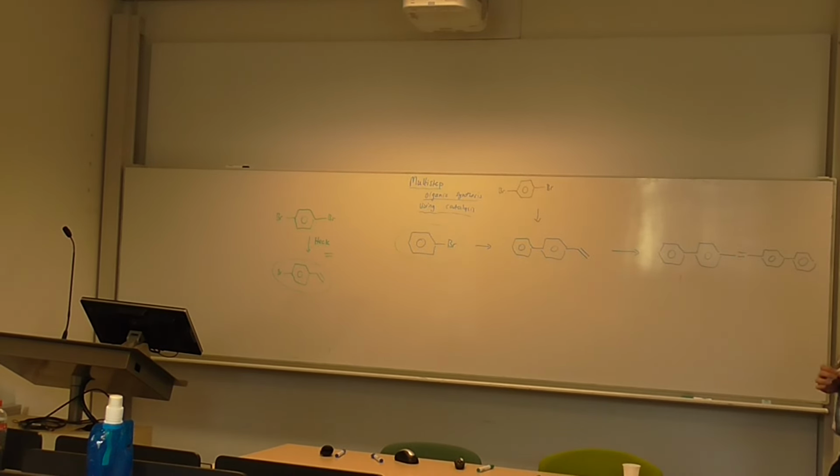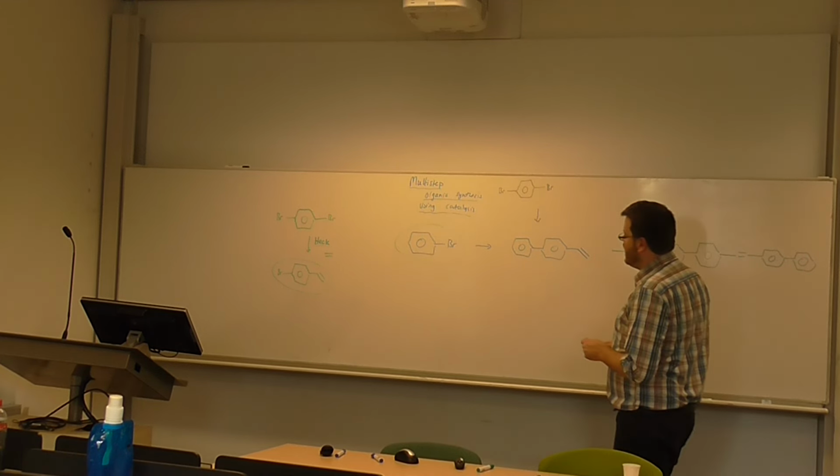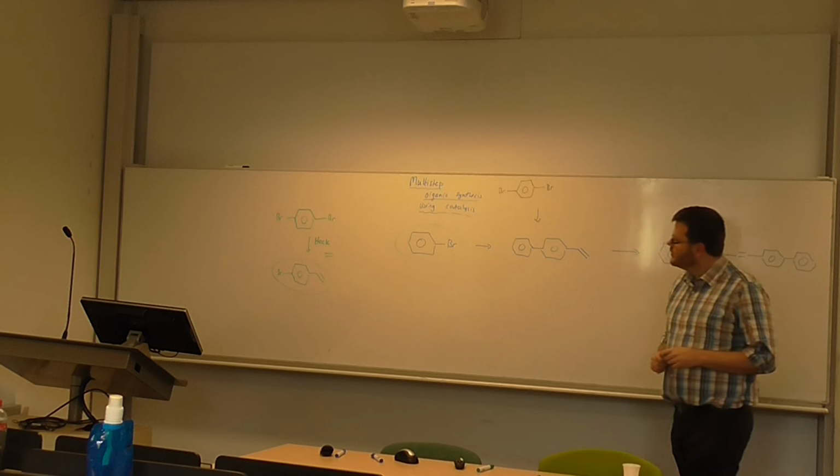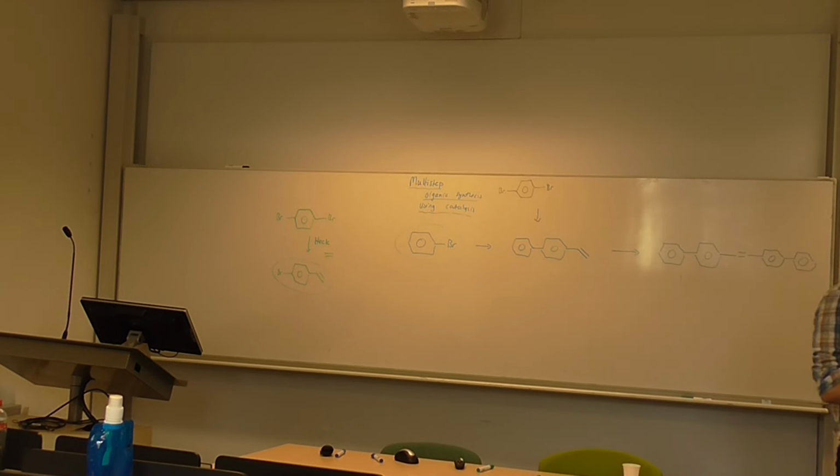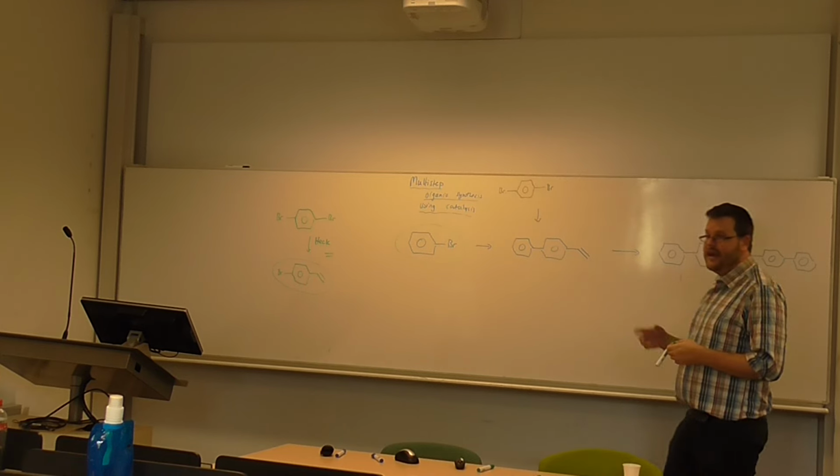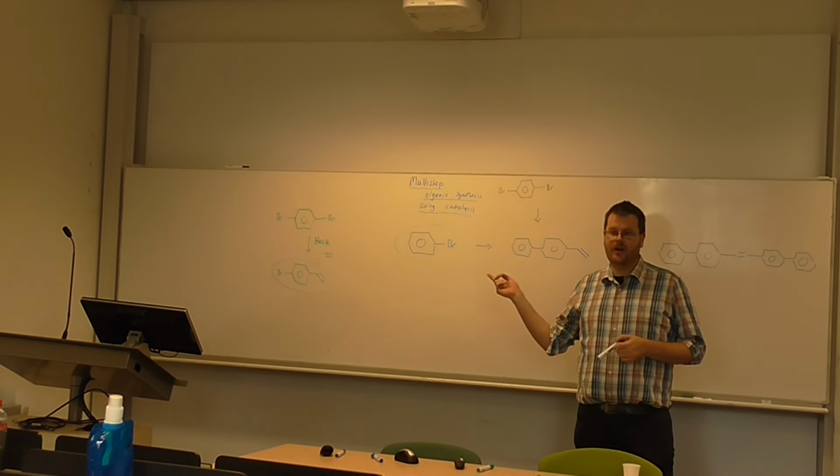You need to introduce... Oh, as a matter of fact, how could we do that? In a number of ways. Well, what we could do simply is make a Grignard reagent out of it. That will probably work. But if we do it catalytically, we can use a Suzuki coupling, can't we?